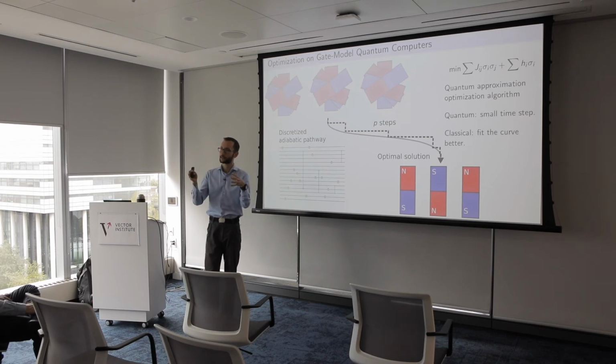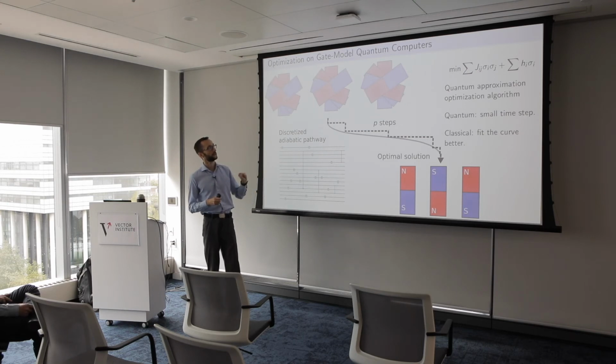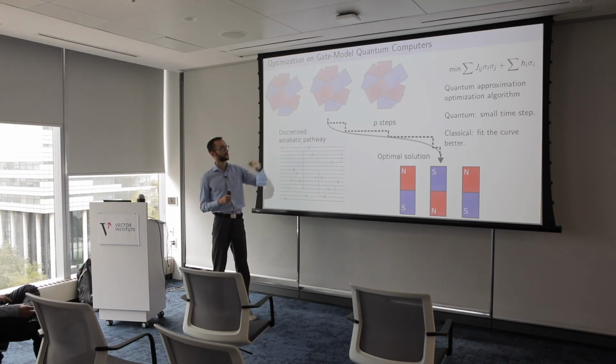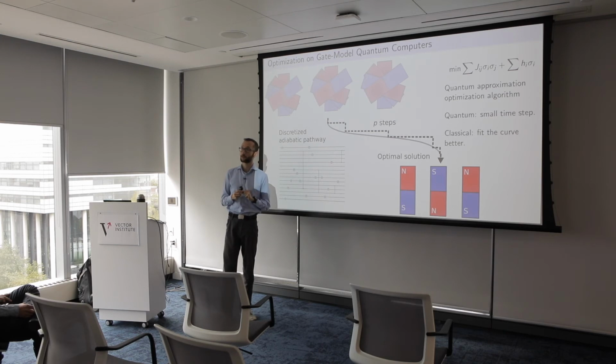People were chasing that. And what changed in 2013, that's when the first algorithm came out that admitted that our quantum computers are imperfect, we only have a handful of qubits, and the circuits are short. So the question is, can we get any advantage with these quantum computers? And one of the first algorithms that did this was exactly this quantum approximate optimization algorithm.